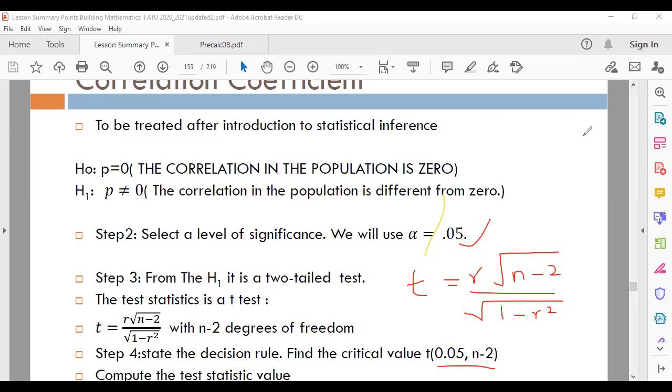So, for example, if we calculated our R, let's say the R was maybe 0.8, and in that example, your sample size was 5. Then the T test statistic will be 0.8 times the square root of 5 minus 2 over the square root of 1 minus 0.8 squared.